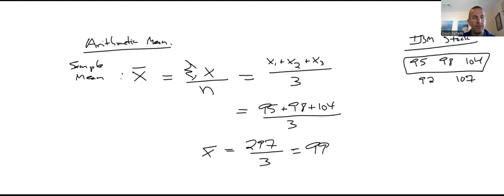My population mean, if you remember back a couple minutes ago, was 99.2. So $99.20 versus $99. Here is the whole point of what we're doing with measures of location in quantitative analysis.